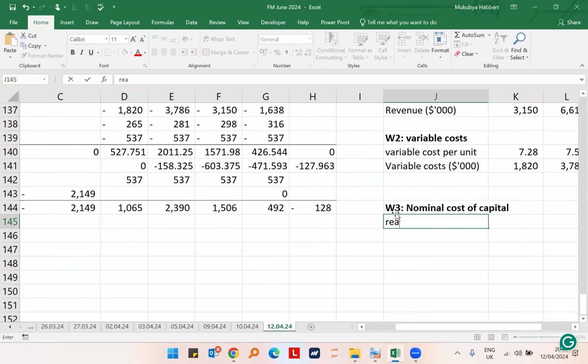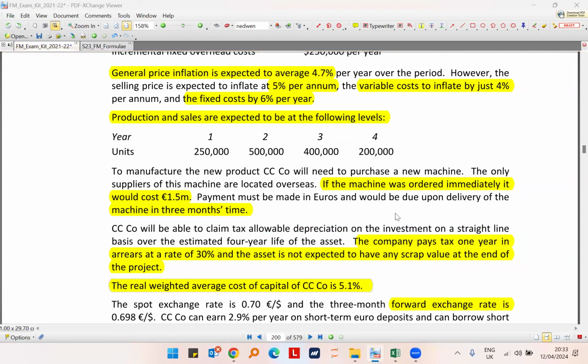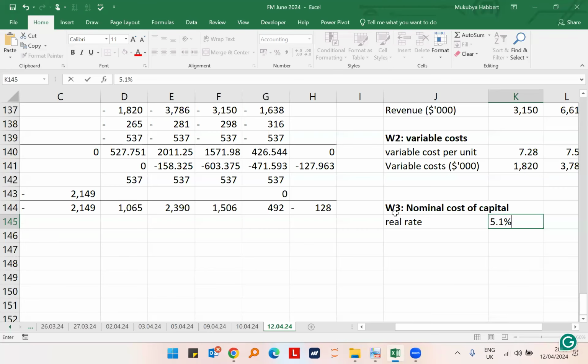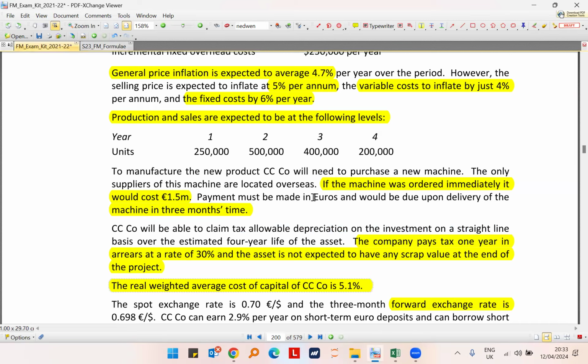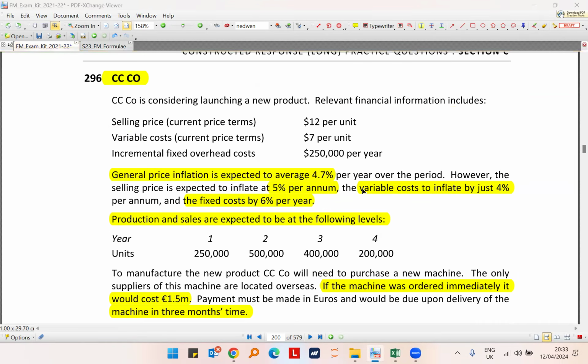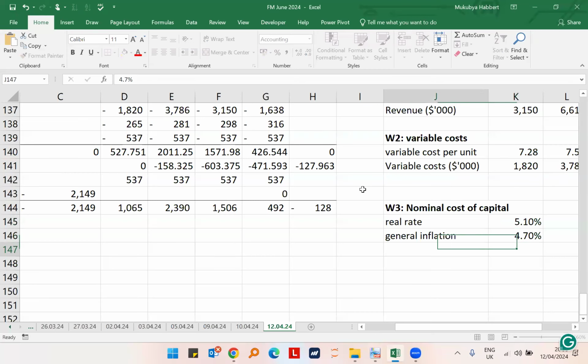So the real rate, they have given us 5.1%. Now, general inflation, they told us it was 4.7%. Now we can get the nominal rate.